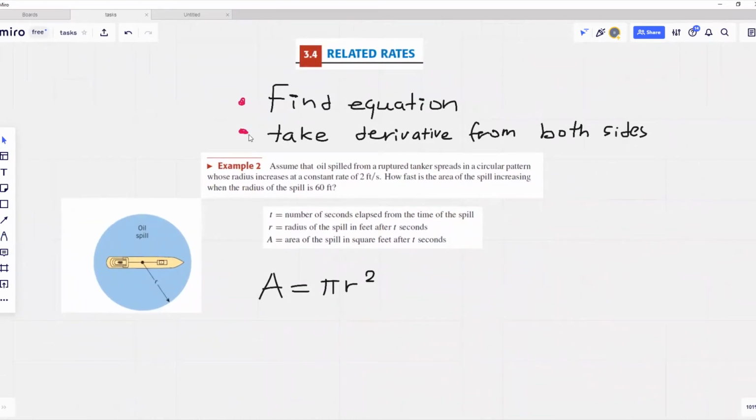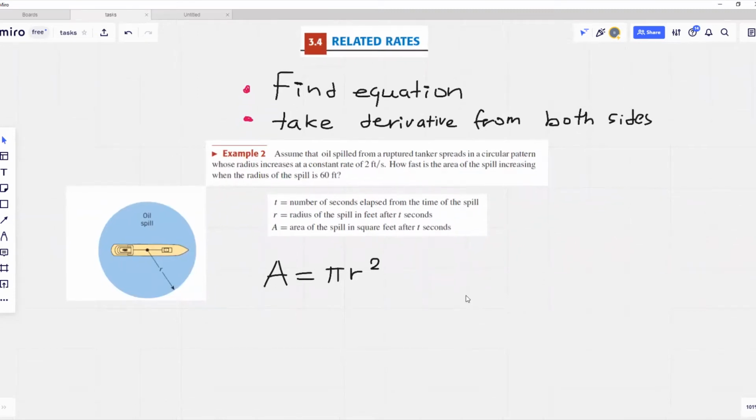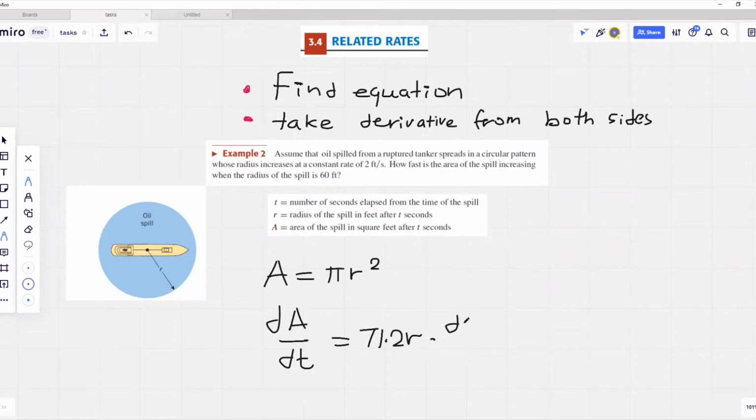Now we need to follow our second step: take the derivative from both sides. Taking the derivative with respect to time from both sides, using the chain rule, we end up with dA over dt equal to pi multiplied by 2r multiplied by dr over dt.